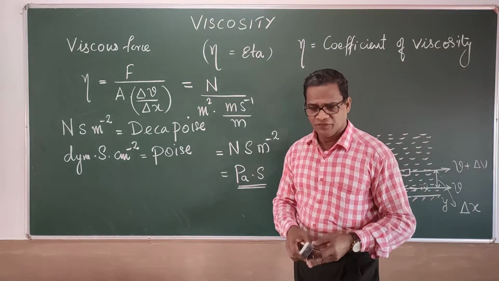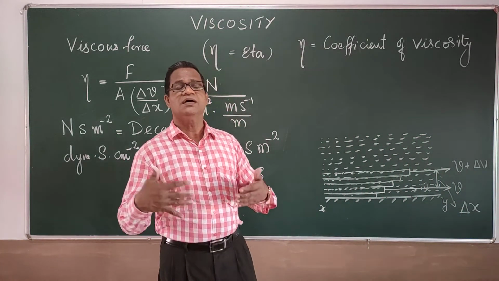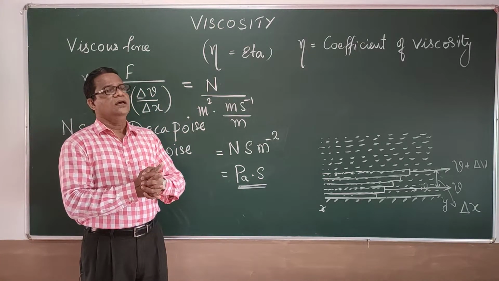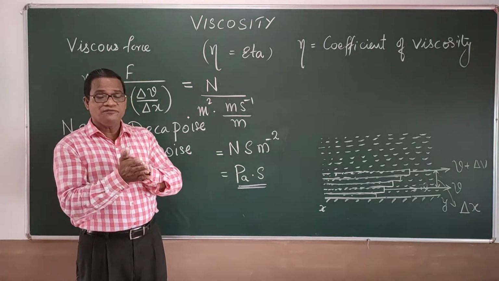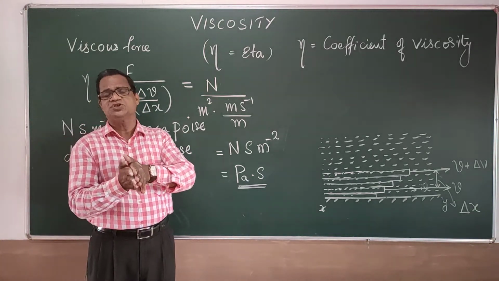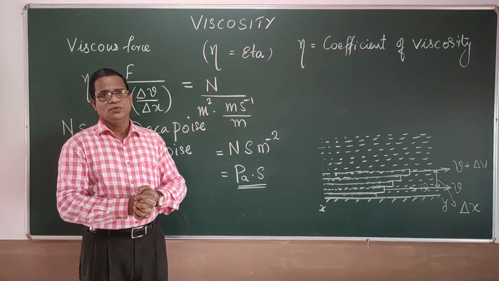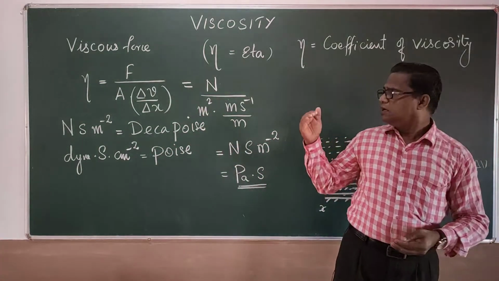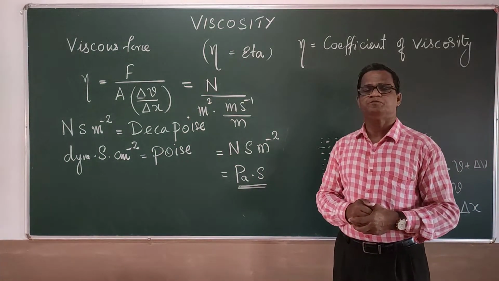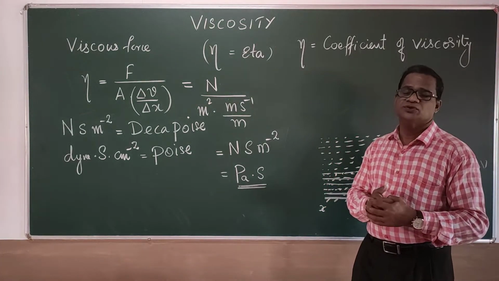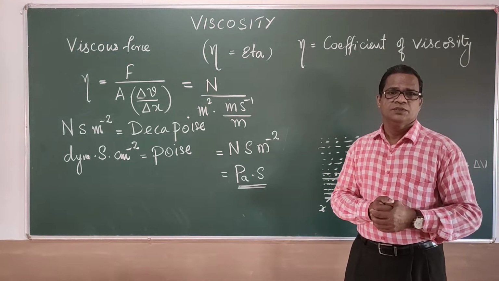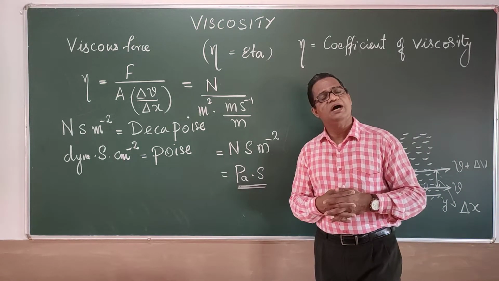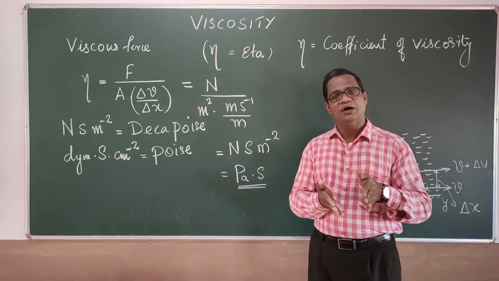Okay. So viscous force is a resisting force acting between the layers of the liquid in contact. And you might have studied solid friction also. It's a kind of friction force. Now you can find some similarities between solid friction and viscous drag, and also some differences. The similarity is that both frictions are derived from molecular forces.